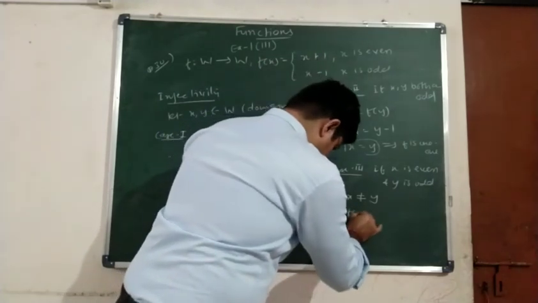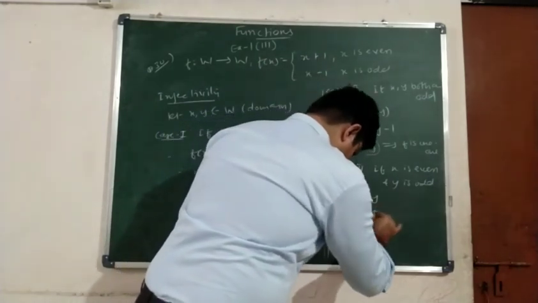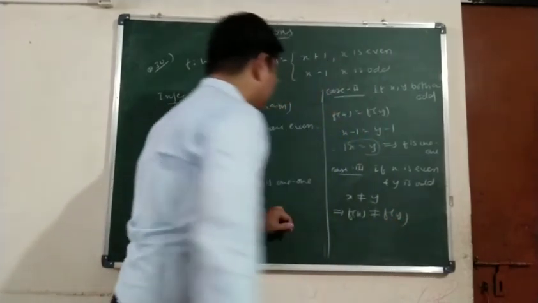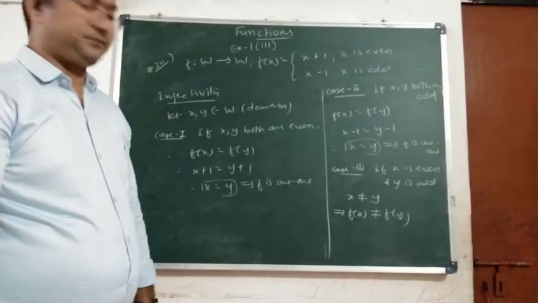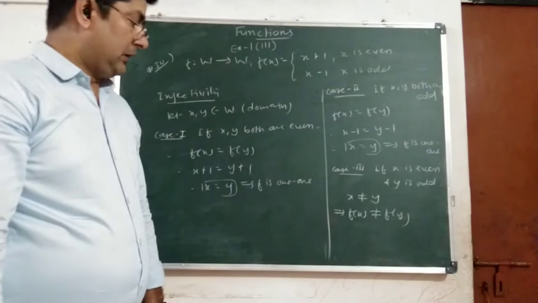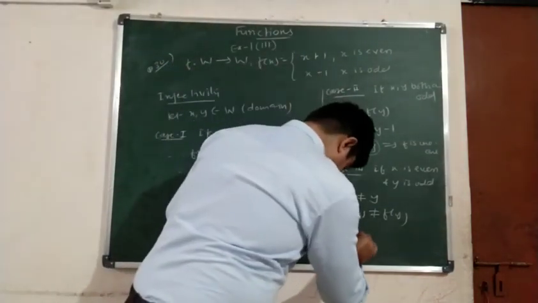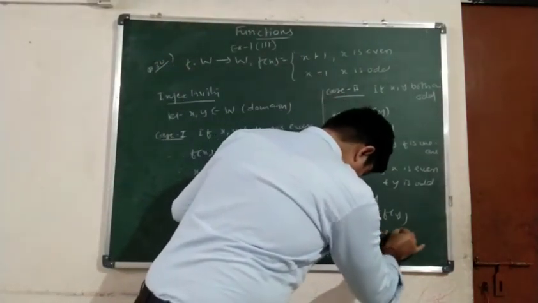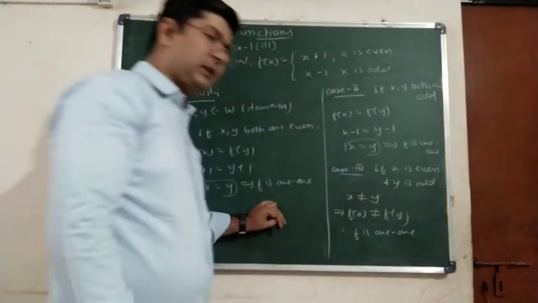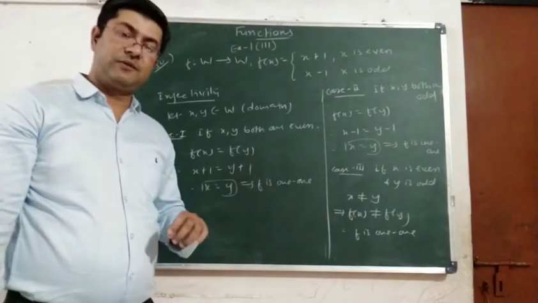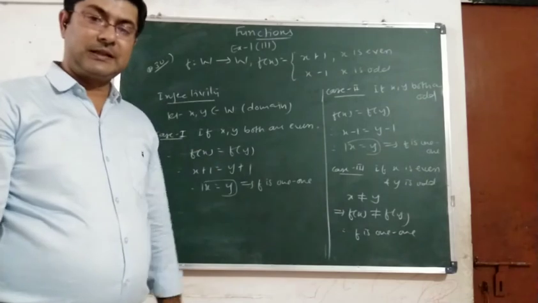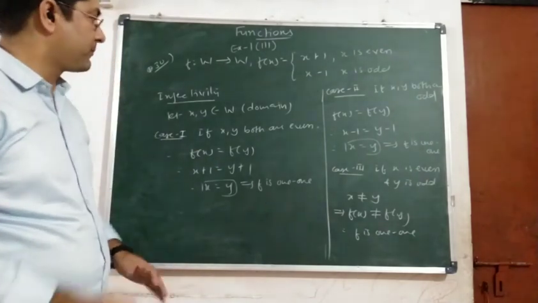It will imply f of x will not be equal to f of y. Clear? And therefore f is 1-1. So in all these 3 cases we have proved that f is 1-1 and therefore f is an injective map. Please note down.